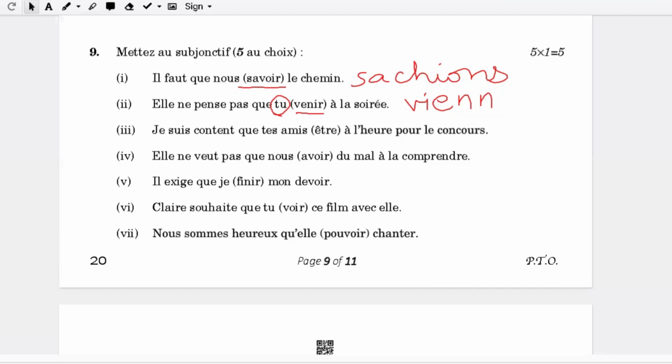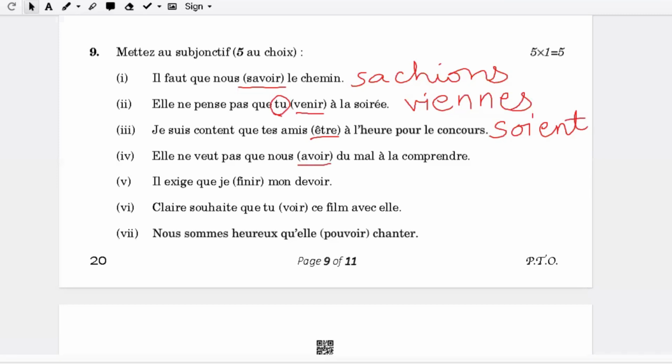What is left? VIENNES, since it is my subject, tu. Then we have the verb être. Does it come in my irregular verb list? Yes. So straight away, just match it up with third person plural, that is ILS SOIENT.